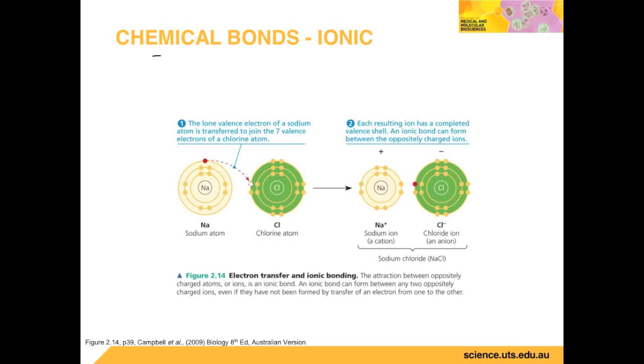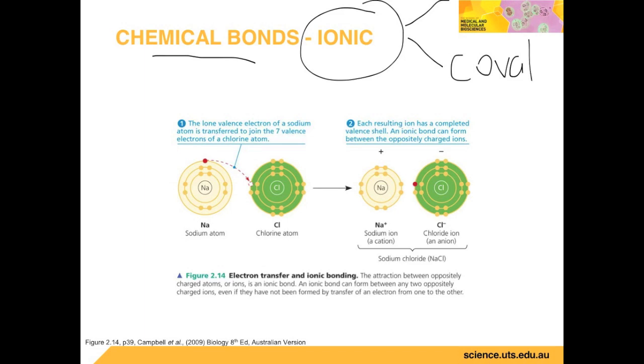So first we're going to look at chemical bonds, and in this case, ionic. There are two ways in which chemicals can be bonded: ionic, or another one we're going to look at, covalent. Ionic bonds involve the transfer of an electron from one element to another.